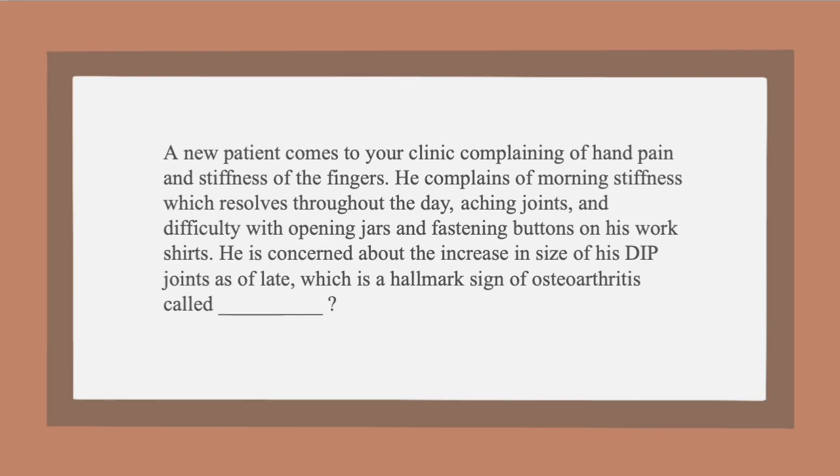Your hint for this first question is to really think about the hallmark sign of osteoarthritis. So think back to all of those common deformities that we would expect to see with osteoarthritis rather than rheumatoid arthritis.